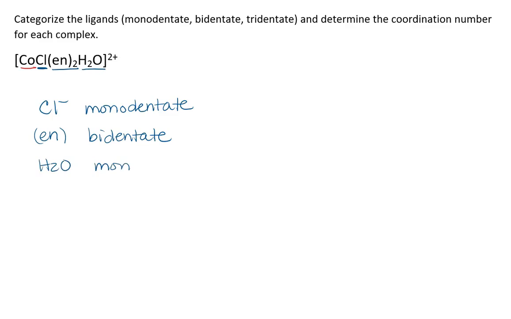Water is monodentate. So to figure out the coordination number, we have 1 chloride, which is monodentate. We have 2 ethylene diamines, where each ethylene diamine contributes 2 bonds. And we have 1 water, which is monodentate. So when we add all of these up, we end up with a coordination number of 6.